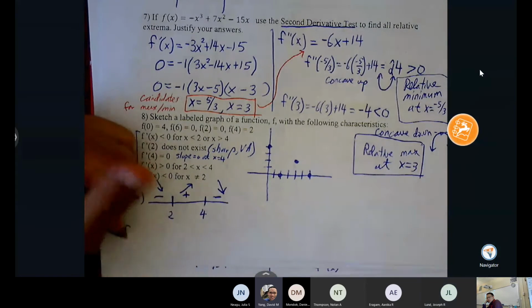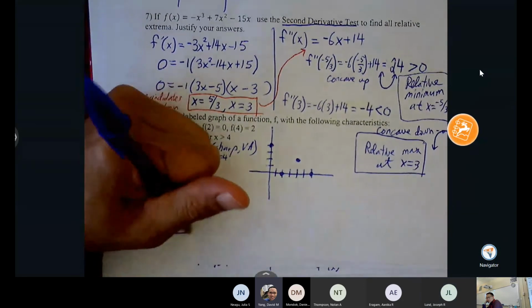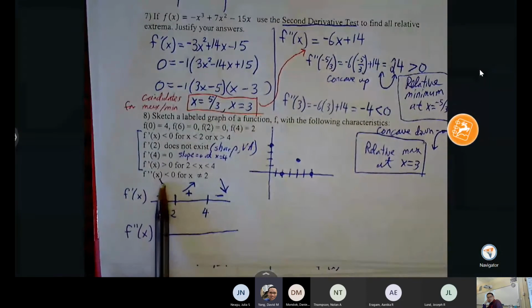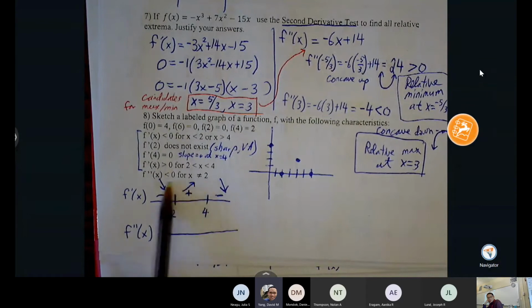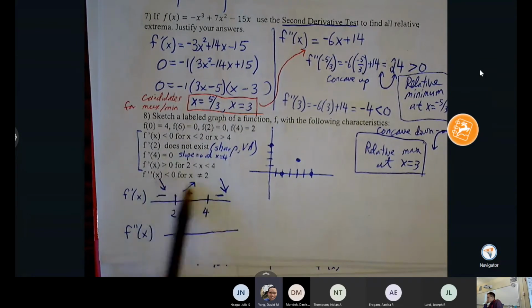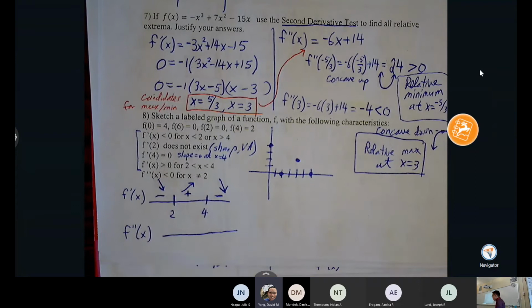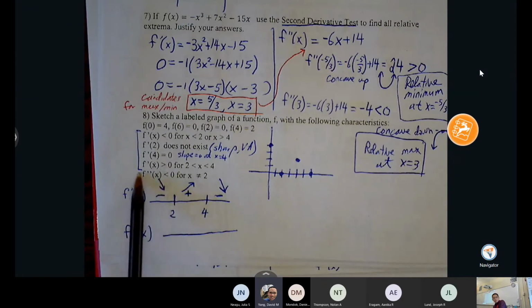All right, second derivative. We have one statement. Second derivative is less than 0 for x does not equal 2. What's another way of saying this? Second derivative is less than 0. Can you say this a different way?